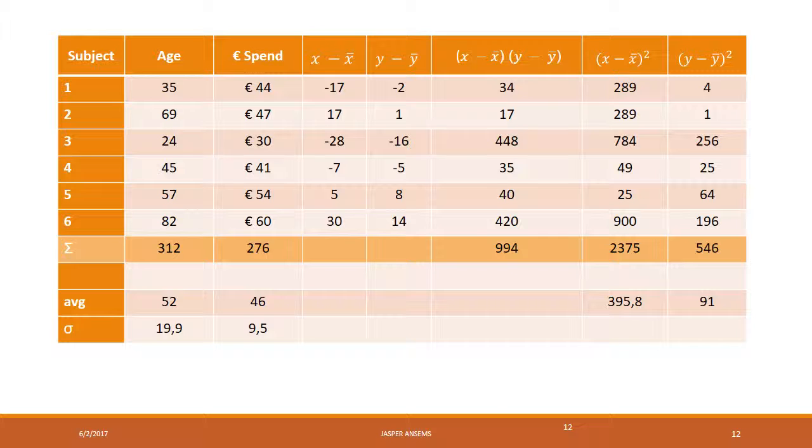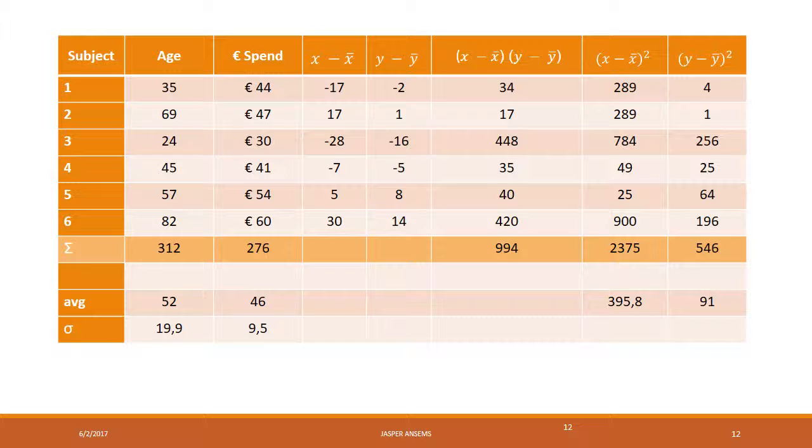So for the first step, we go one column to the right, and we see x minus the average of x. For instance, for this first subject, age minus average age, 35 minus 52, is minus 17, and we did that for all the rows. We did the same for y, so one column to the right is, for subject 1, 44 euros spent, minus the average of 46, is minus 2.